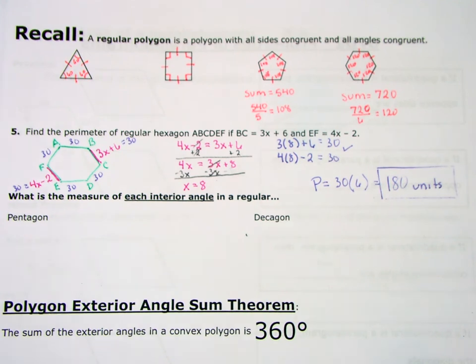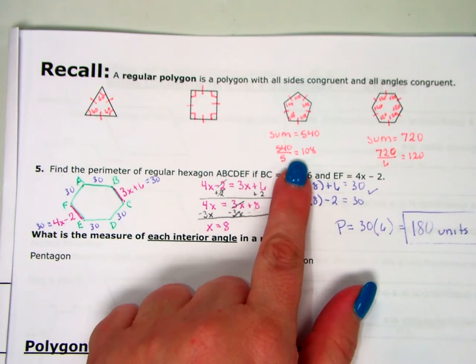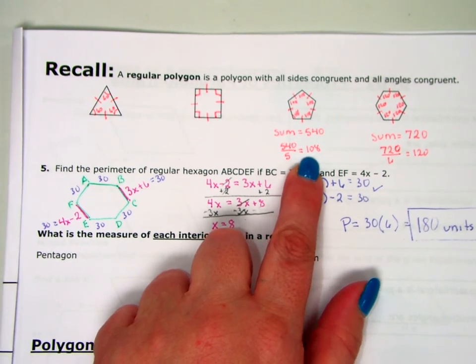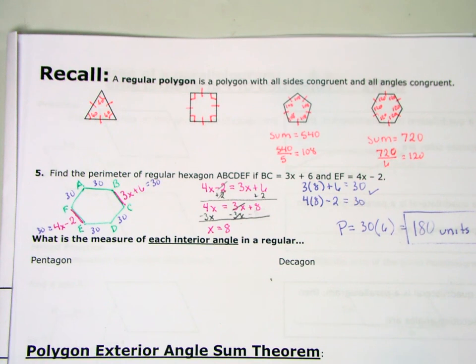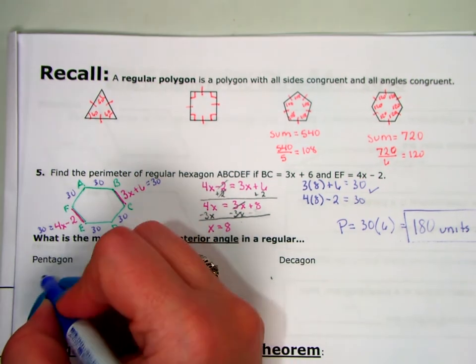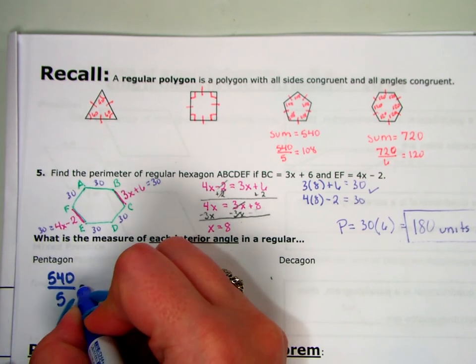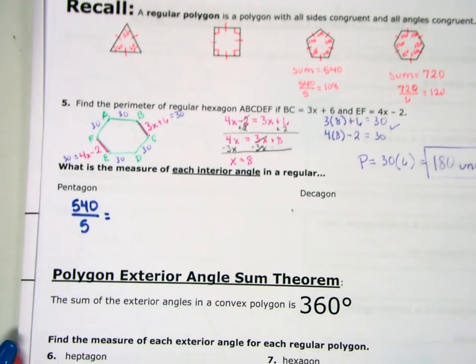Okay. What is the measure of each interior angle in a regular pentagon? We already did it. What was a regular pentagon for inside? It was what? 540. 540 is the sum of all the angles. So when I wanted just one angle, we did the 540 and we divided it into 5 equal angles.